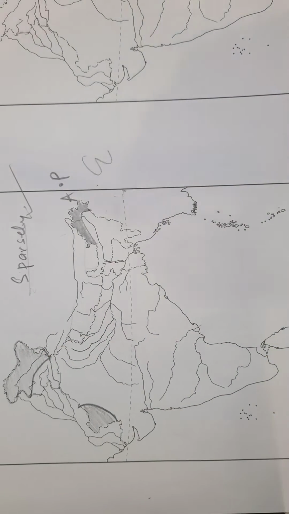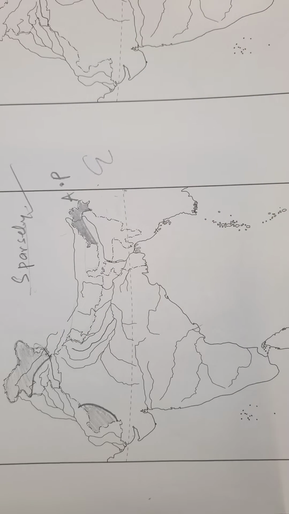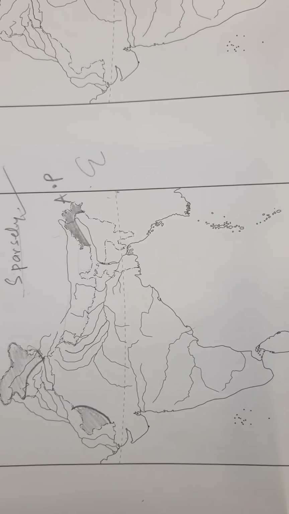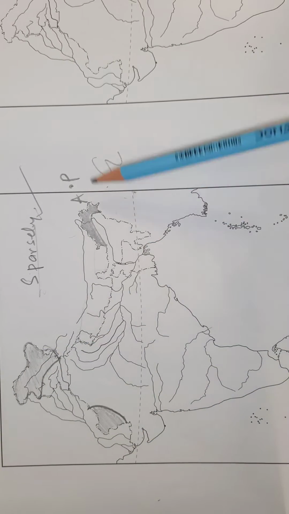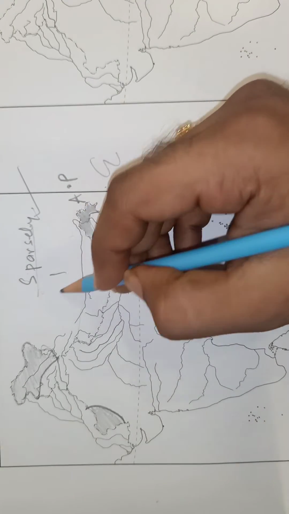This is the sparsely populated region in the north. We have marked 3 areas which are sparsely populated. Now we will be marking 2 areas which are densely populated.